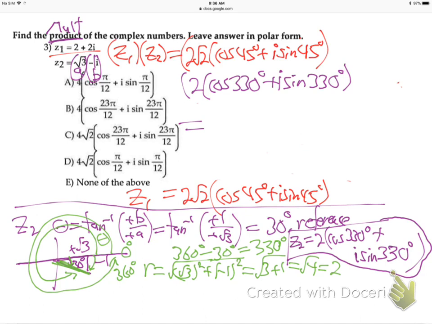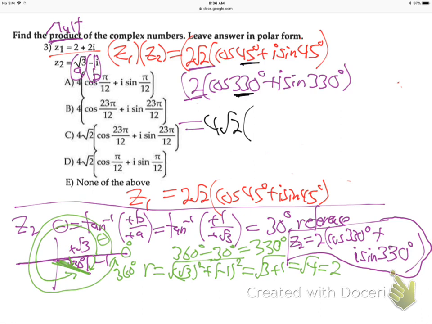So what did the theorem say when you multiply two things in polar form? Just multiply the numbers in the front. So 2 root 2 times 2 would be 4 root 2, right? The 2 times 2 makes 4, and the root 2 just stays there. And what do you do with the angles, the 45 and the 330? You actually add the angles, which is weird, isn't it?